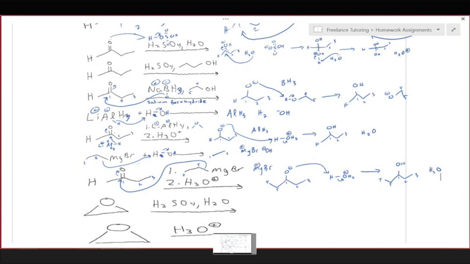Okay, by the way, what would have happened if instead of adding H3O plus in the second step, we just added water? If we just added water instead of H3O plus, what would happen?